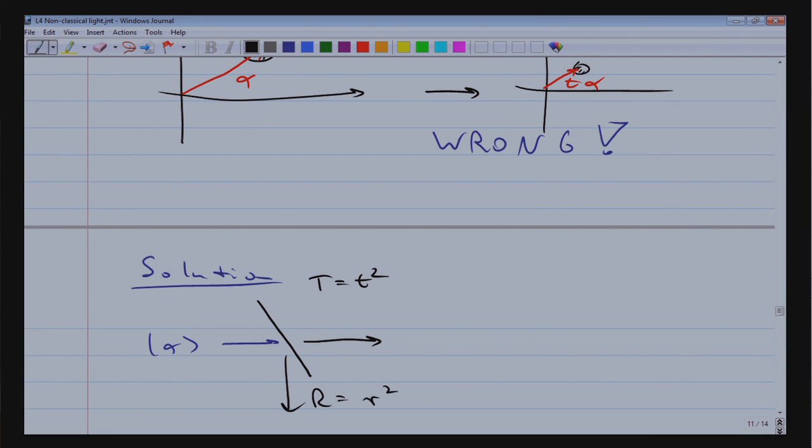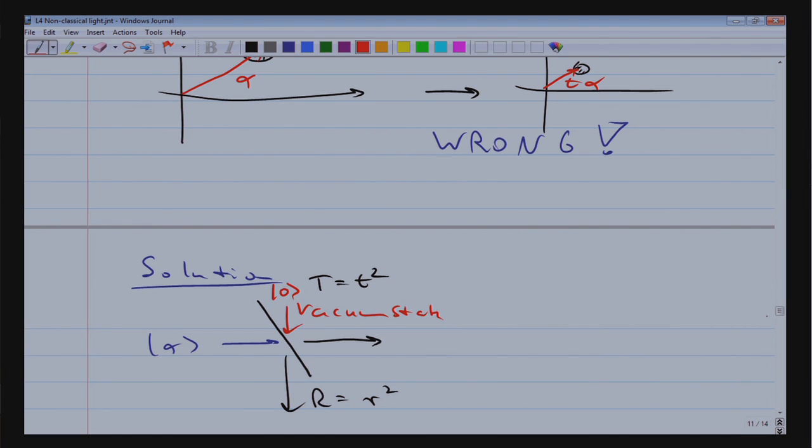But now we realize that this beam splitter is not just a device which has one input, it has another input. And you may say, well, I don't care about the other input, I don't want to use it. Well, if you don't want to use the input, it has the vacuum state.